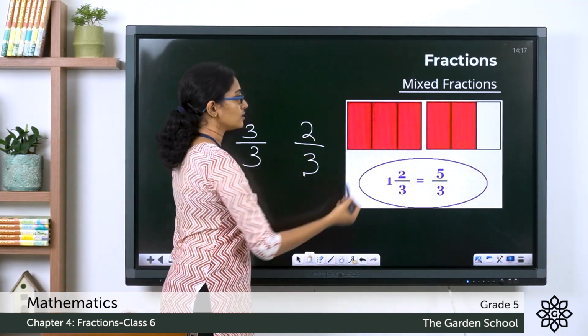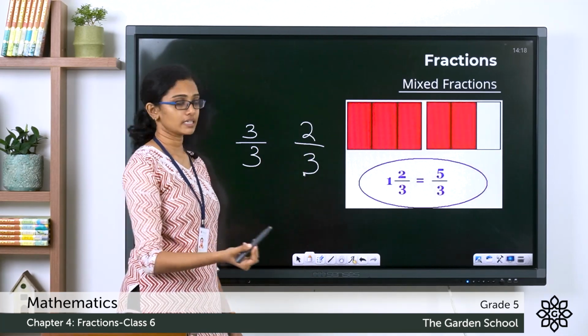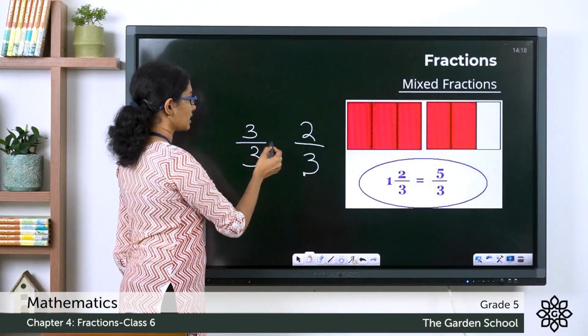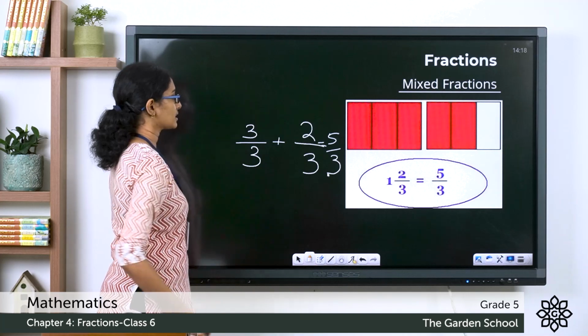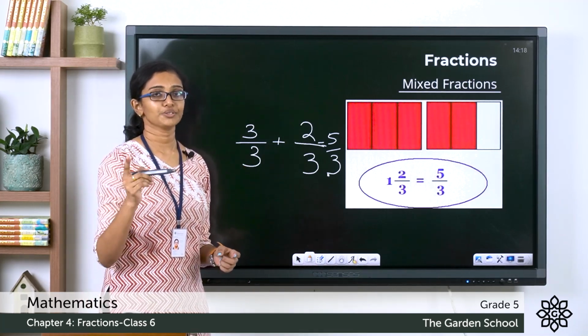And what is the total fraction of the colored parts? It is 3/3 plus 2/3, which is equal to 5/3, right? Now, this 3/3, any number divided by itself, is equal to 1.